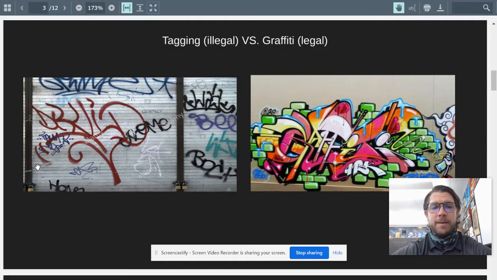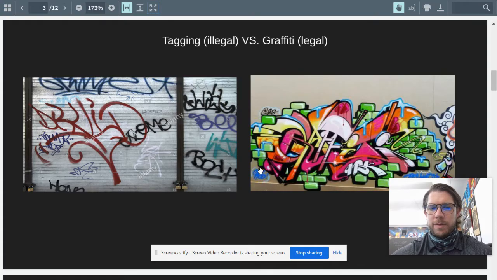Now, some illegal graffiti artists are very talented. That does not mean that they're not talented just because they do it illegally. Some can create an amazing piece in a matter of minutes, and they do so illegally, which is kind of a discrepancy. But for our sake, we are focusing on the legal side of this.